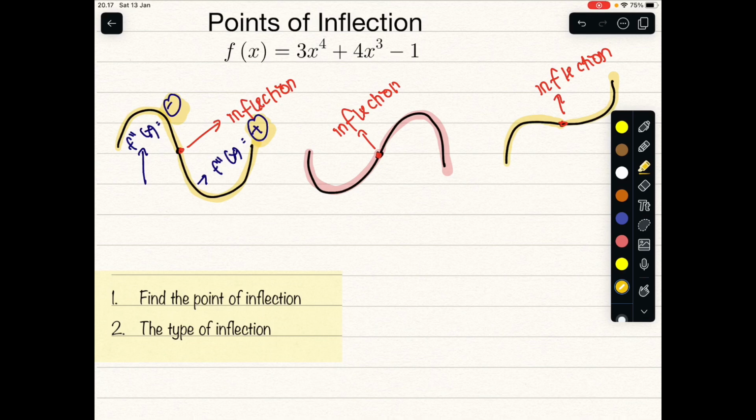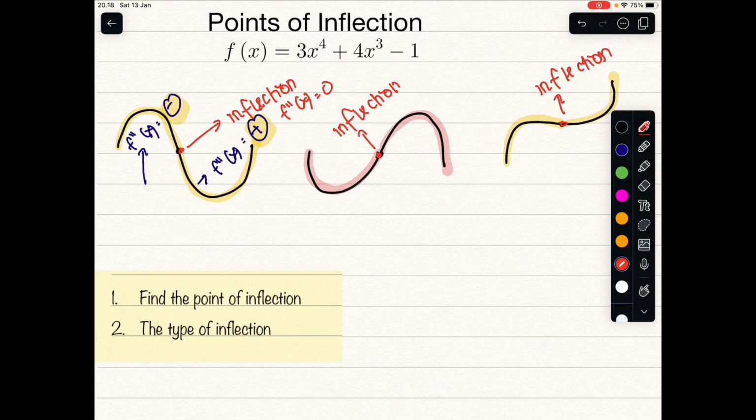From negative to positive, you always have to go through zero. So at the point of inflection, the second derivative is going to be zero, because there's a transition from negative to positive, so you're going to go through zero.